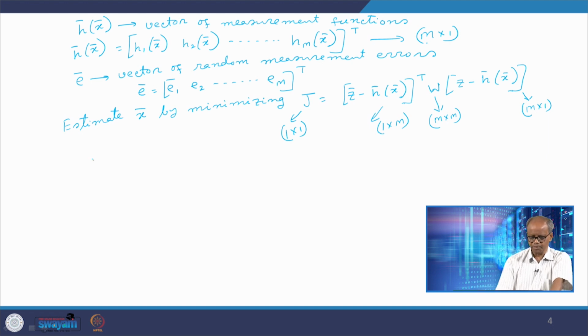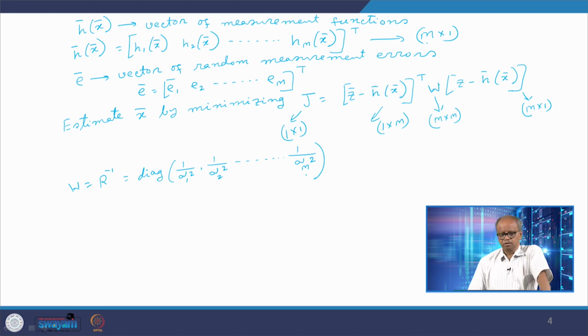And what is this weight matrix? It is basically a diagonal matrix, which we call R inverse. It is diagonal: 1 by sigma_1 square, 1 by sigma_2 square, dot dot dot, 1 by sigma_m square, correct.